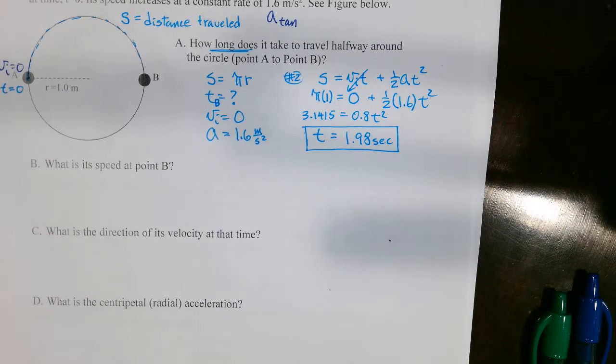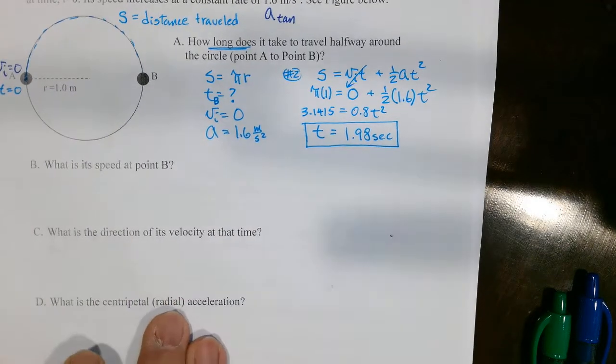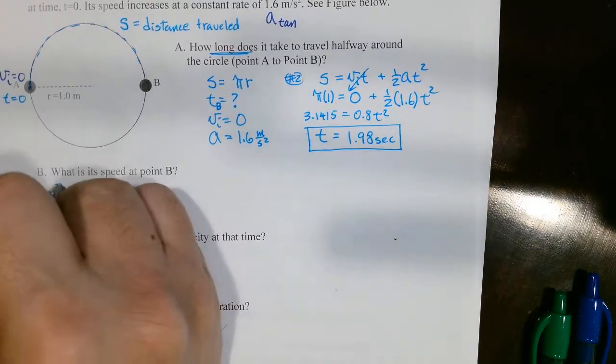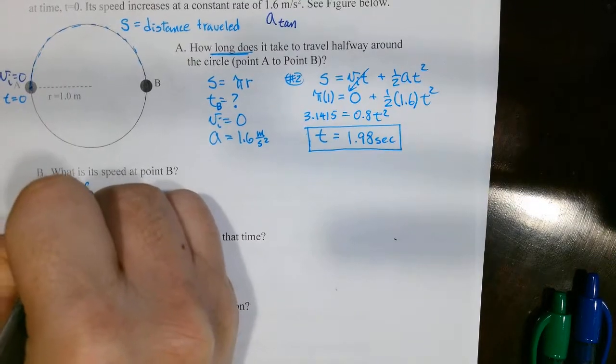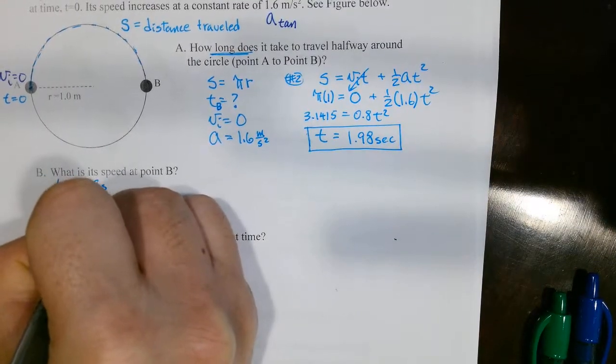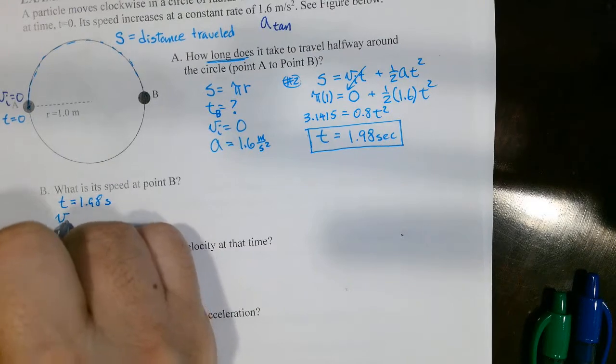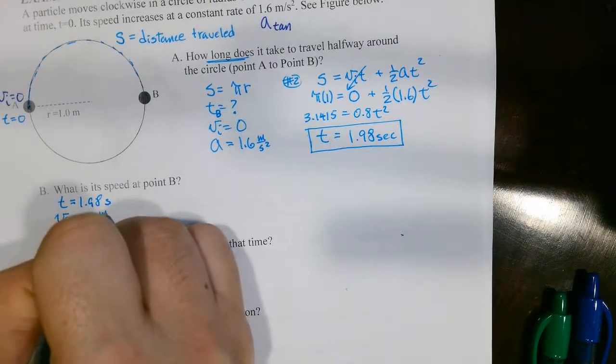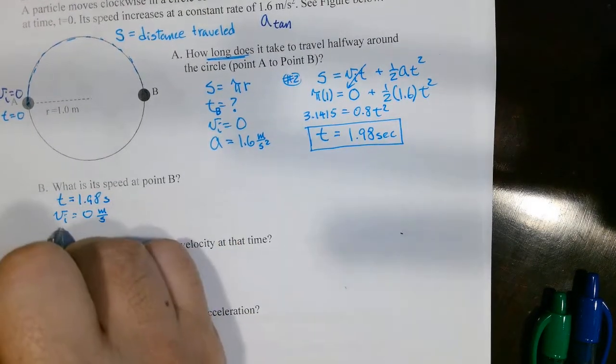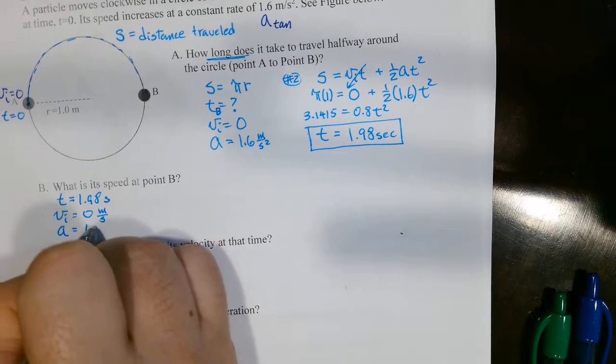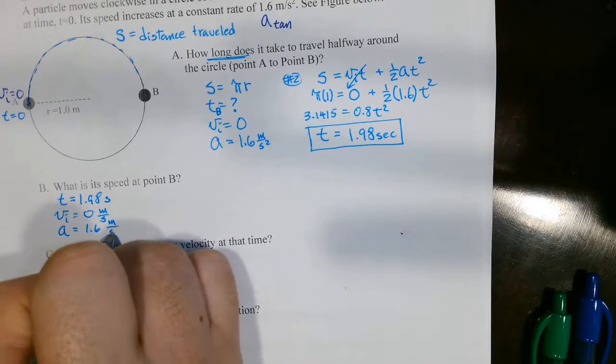All right. So let's take a look at the next. What is speed at point B? Well, we know time. We just calculated that to be 1.98 seconds. We know the initial speed is 0. We know acceleration is equal to 1.6 meters per second squared.